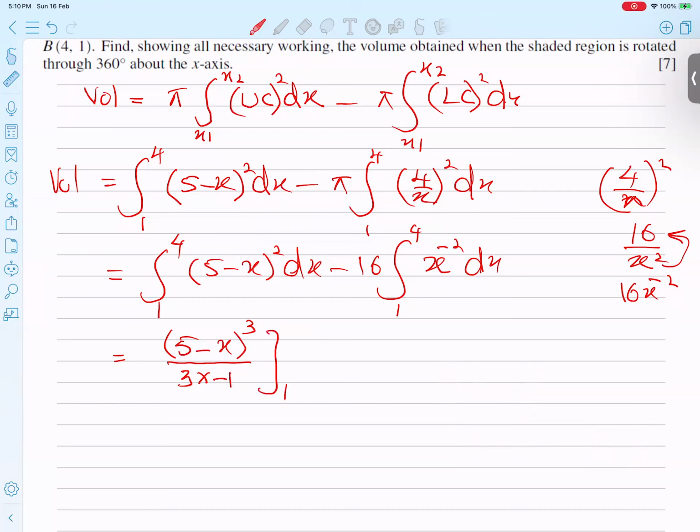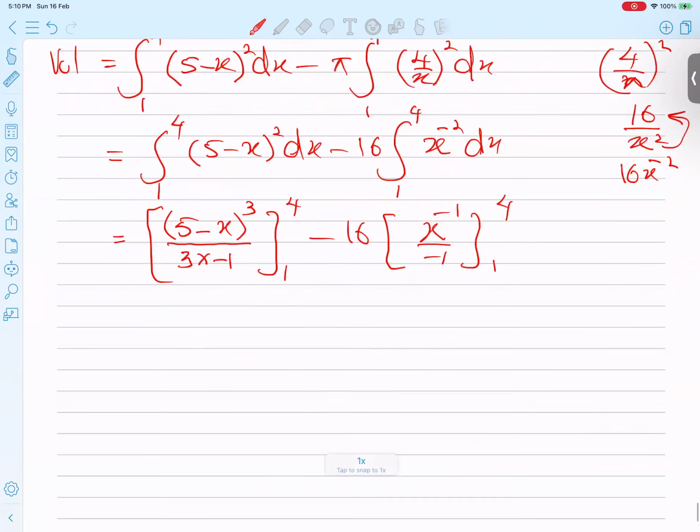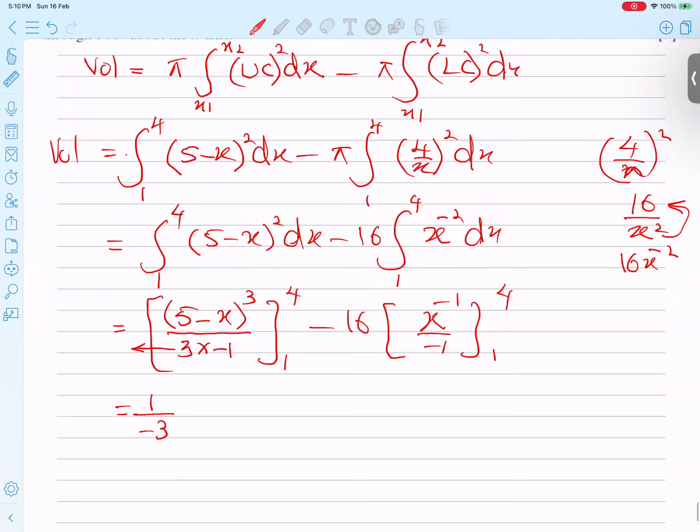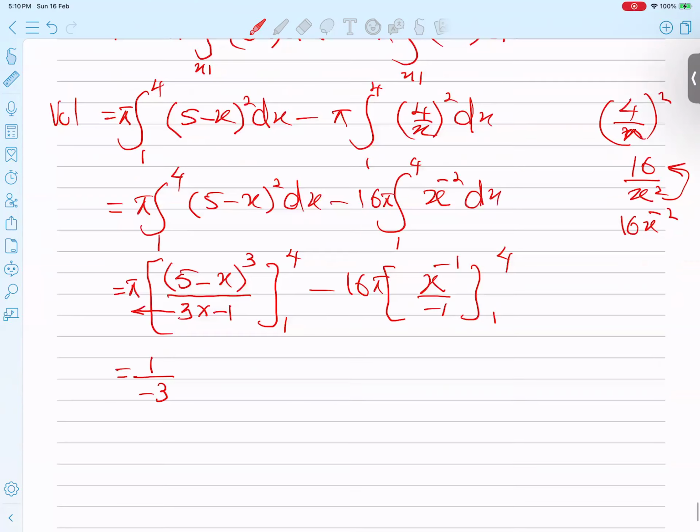Okay, the limit is 1 to 4, very clear. For the 16, increase the power by 1 and divide by the same. Let's apply this. Negative 3 goes outside, which makes the question easy. But I missed pi here. Let me write pi for all terms once again. So pi is compulsory, you know it very well.